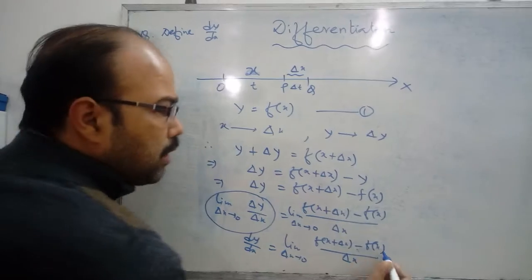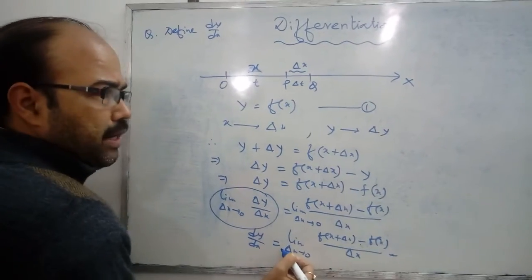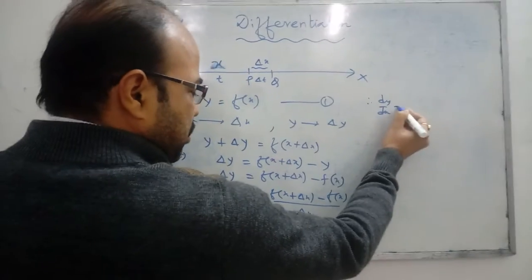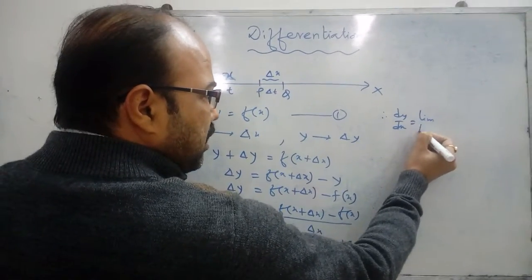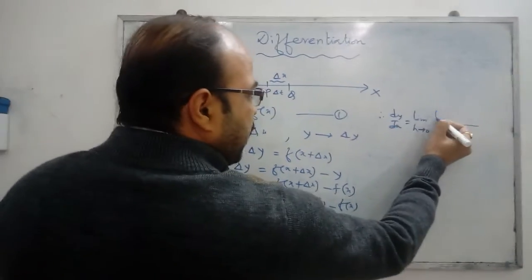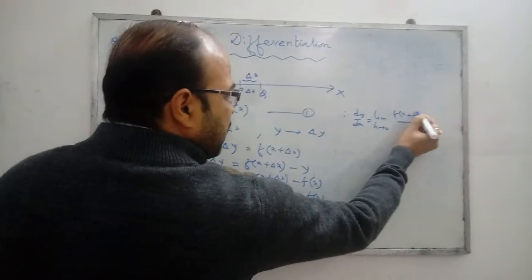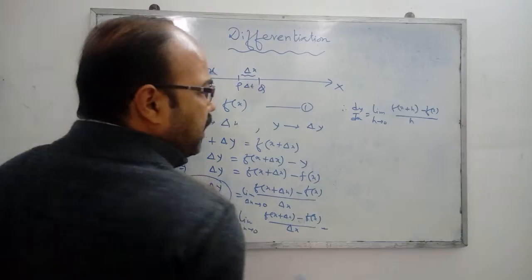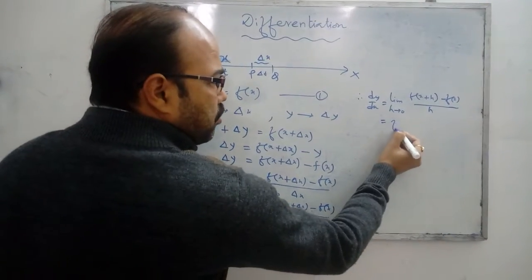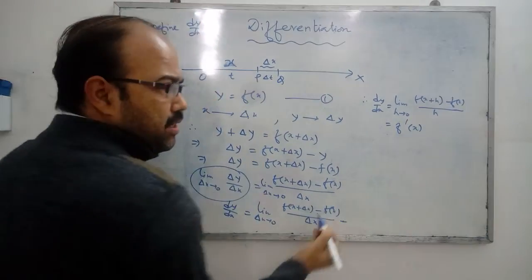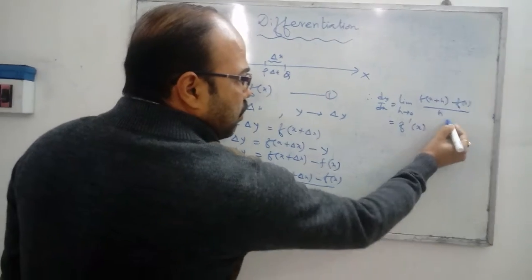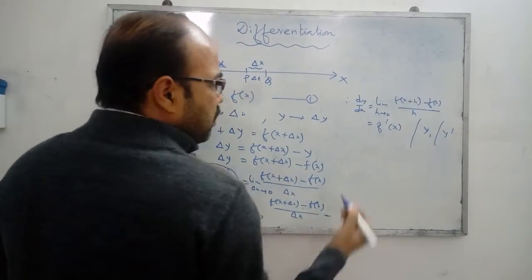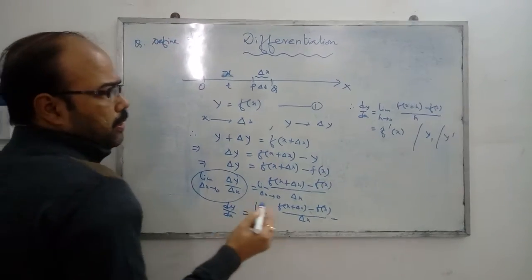Let us denote delta x with h. So dy/dx is equal to the limit as h tends to 0 of f of x plus h minus f of x, whole divided by h. This is also denoted as f dash x or y1 or y dash in different books.